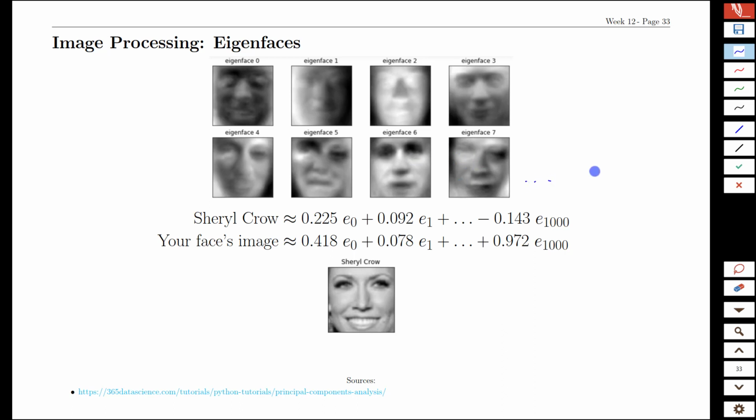And the idea is you might have thousands of these, but they're prioritized in some sense by how much of a contribution they make on average to all the faces in a data bank. And so here we have Sheryl Crow would be some linear combination of these basis vectors. Here, basis faces or eigenfaces.